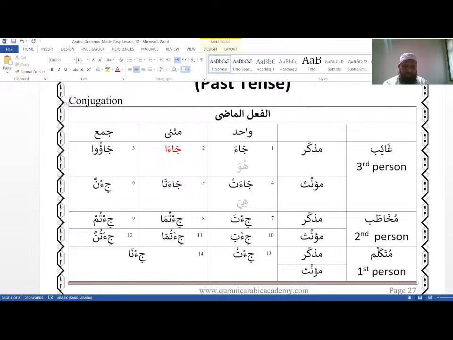Okay, so this is the فعل ماضي of the فعل جاء: جاء جاءوا جاءت جاءتا جئنا جئت جئتما جئتم جئت جئتما جئتن جئت جئنا.